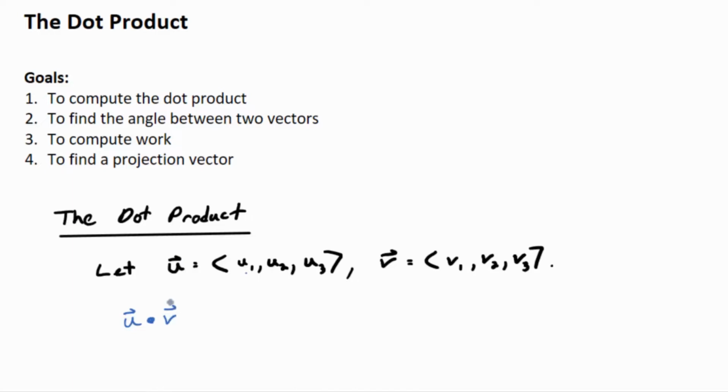U dot v, that's going to be equal to, you're going to multiply the corresponding components from u and v, and then add. So that's going to be u1 v1 plus u2 v2 plus u3 v3. And it really is that straightforward. That's what you do. So let's look at an example.